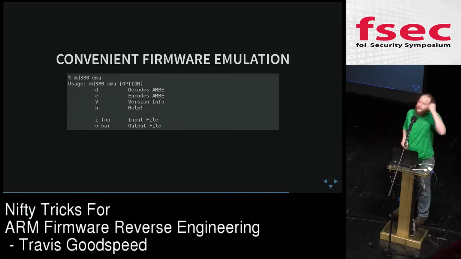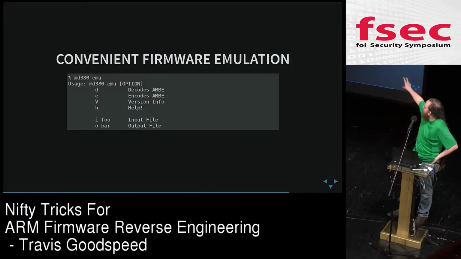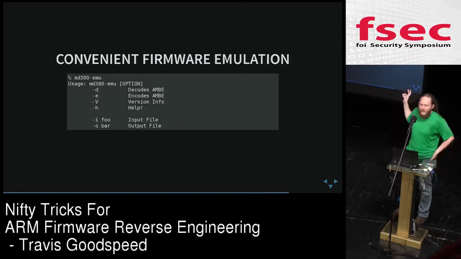So what you can do is relink it to be a regular Unix application. In this case, I've made an executable program called MD380EMU, which is the MD380 radio firmware wrapped into an ARM Linux executable running through QEMU on my AMD64 laptop.